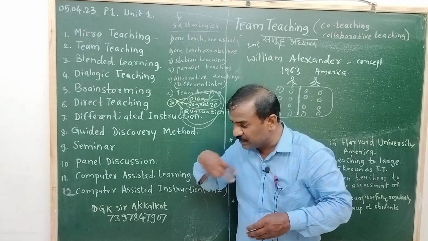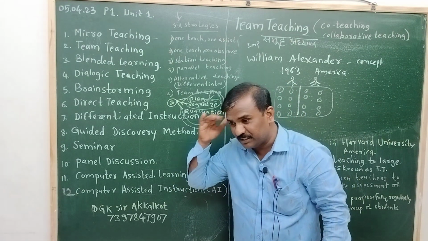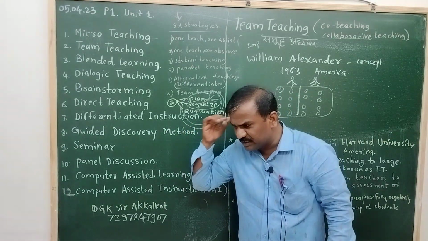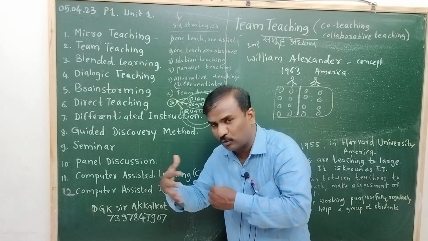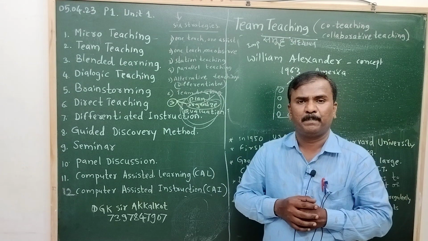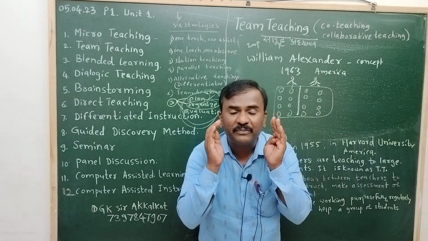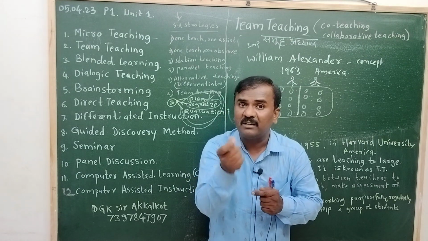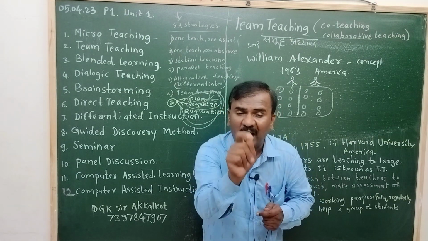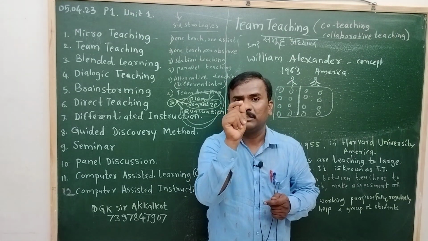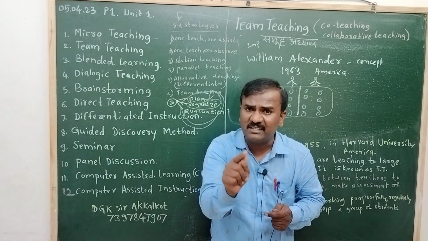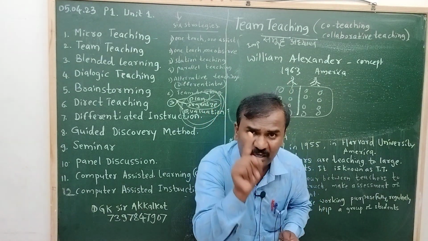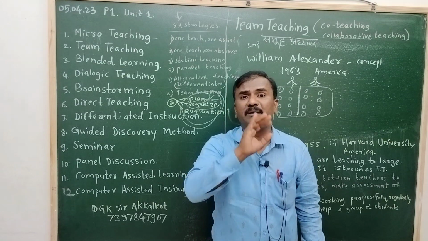Here both teachers are respected, both teachers' quality is the same, both are intelligent, and both cooperate with each other. A group of teachers teaching the subject matter to a large class is known as team teaching.